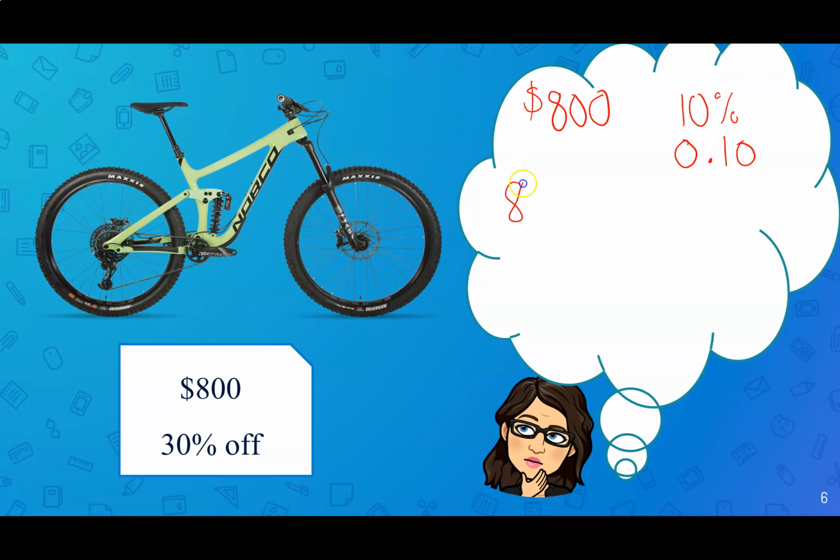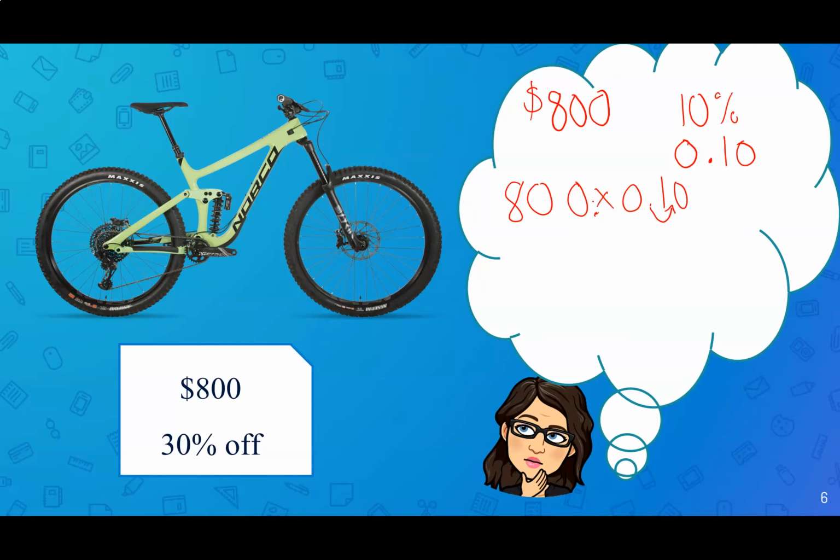If we multiply 800 times 0.10, we can see that the 1 is one spot over from the decimal. When we multiply by a decimal, we can simply move the decimal place in our original number one spot.